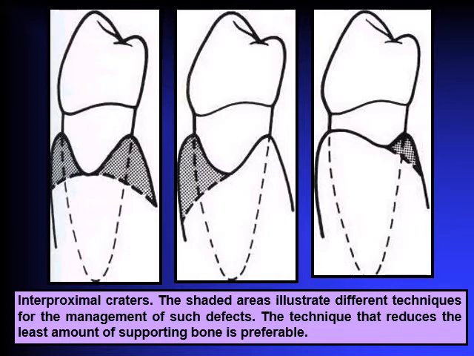So the bone is ramped either buccally or lingually, with only one of the walls totally removed, while the other is only partially reduced. In the middle and right figures, sometimes the defect, as you see, is positioned either buccally or lingually, favoring removal of only one wall and therefore ramping the bone in that direction.